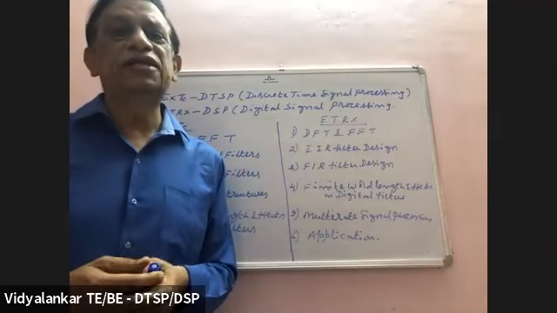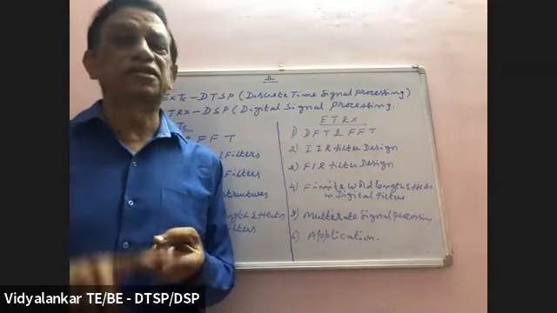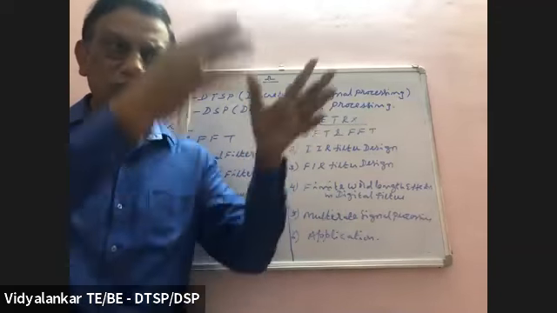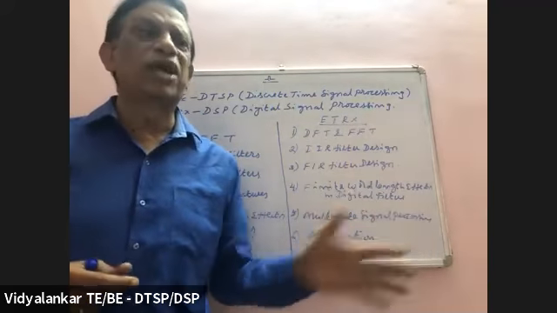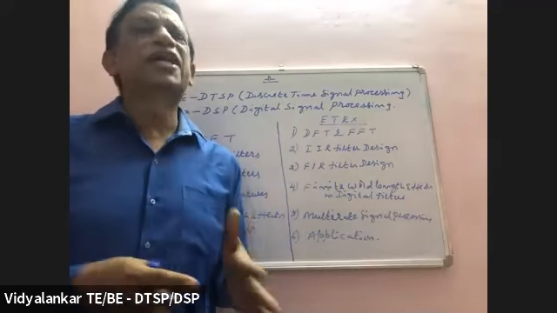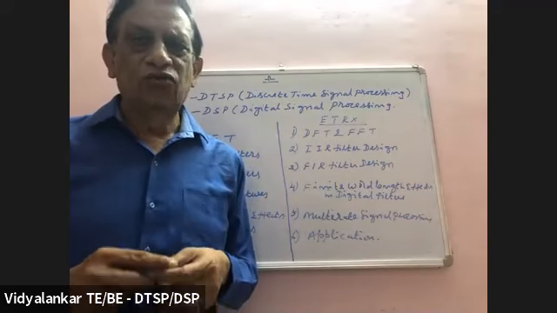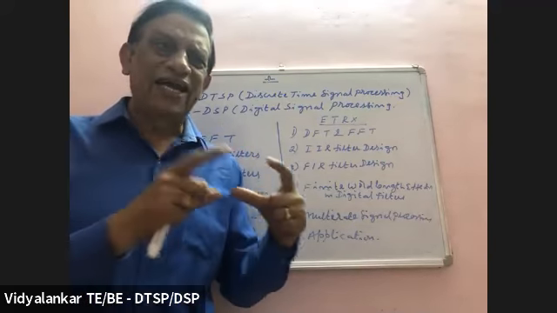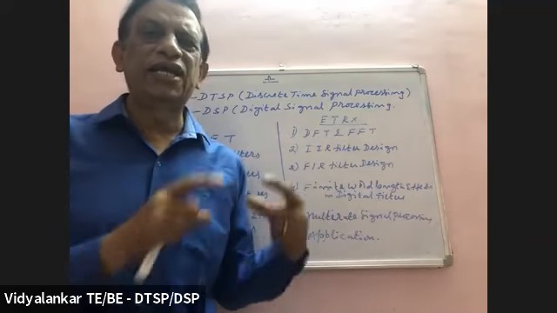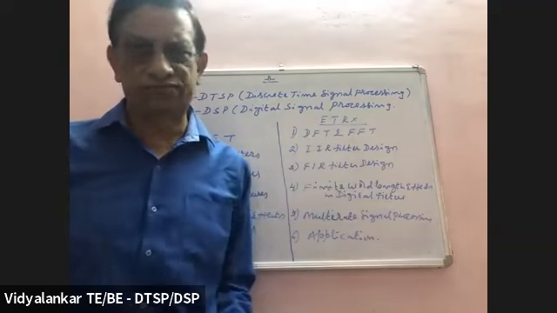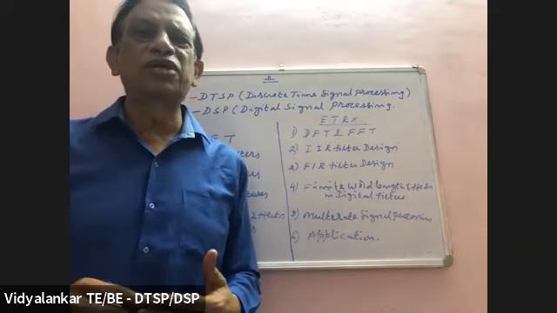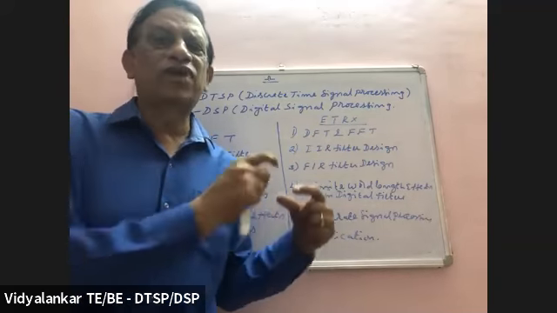Again, for this FFT we have two methods. How to do this fast calculation? It is nothing but an algorithm, so we call it the fast Fourier transform algorithm. There are two ways we can generate that algorithm. One is known as DIT-FFT. DIT means decimation in time fast Fourier transform. The second type of algorithm is known as DIF-FFT.